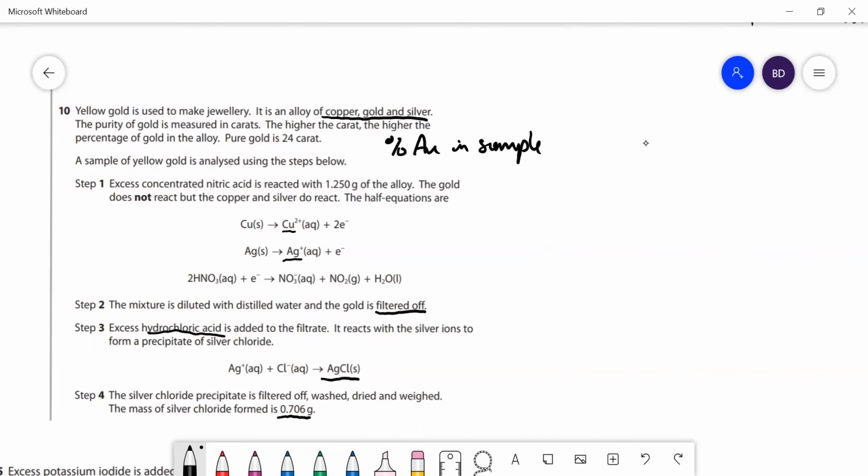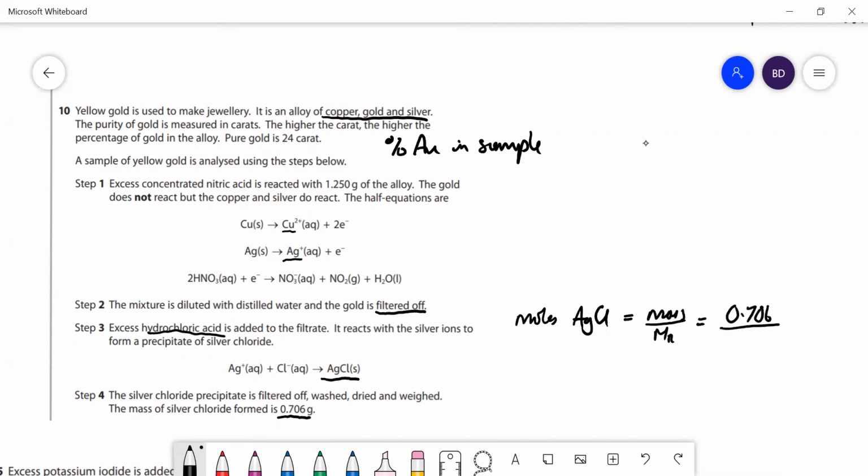So let's work out how many moles of silver we've got. That would be the first thing to do. We work out the moles of silver chloride, then we can work out the moles of silver, and then we can work out the mass of silver in the sample. So the moles of silver chloride is equal to mass over Mr. We got 0.706 grams of that.